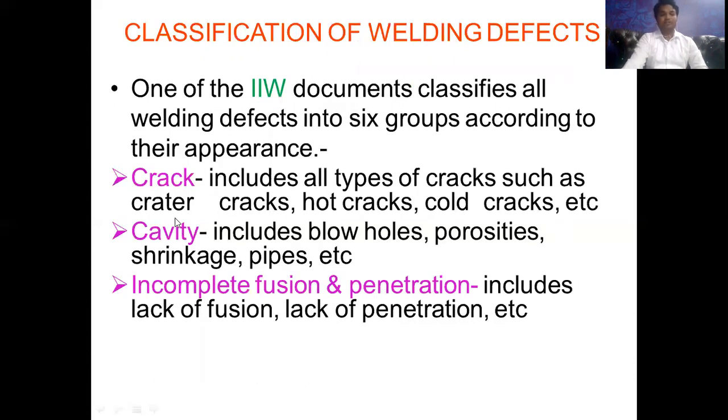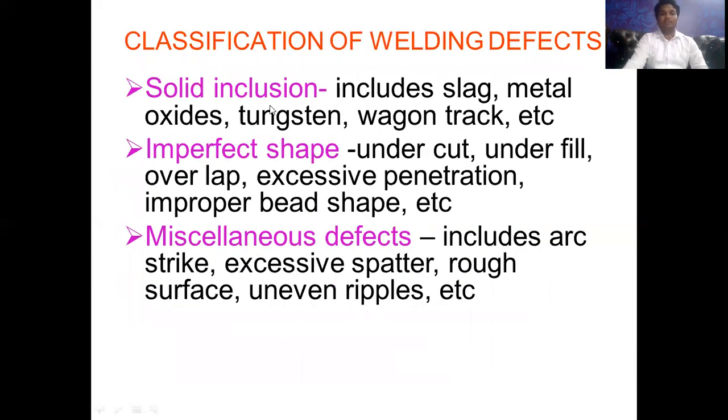First is crack, which includes all types of cracks such as crater cracks, hot cracks, cold cracks, etc. Then cavity, which includes blowholes, porosities, shrinkage, pipes, etc. Then the third type is incomplete fusion and penetration, which includes lack of fusion, lack of penetration, etc. The fourth is solid inclusion, which includes slag, metal oxide, tungsten, wagon track, etc. Then imperfect shape: undercut, underfill, overlap, excessive penetration, improper bead shape, etc. Then miscellaneous defects, which include arc strike, excessive spatter, rough surface, uneven ripples, etc.